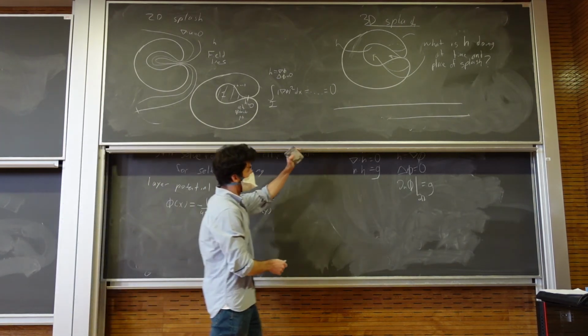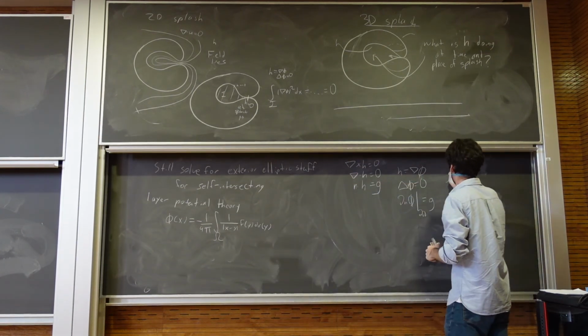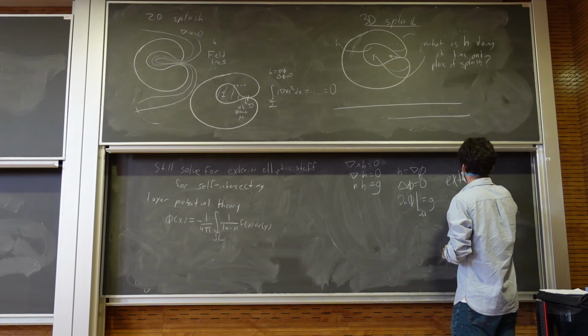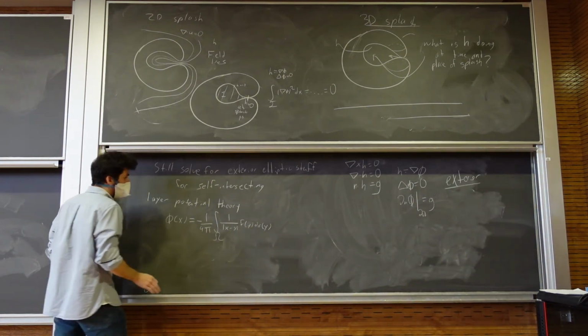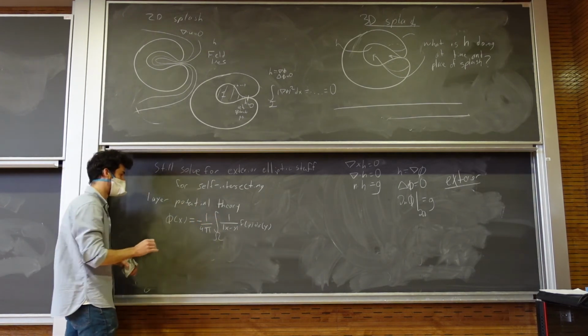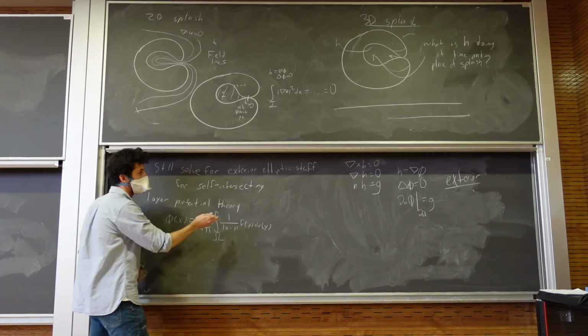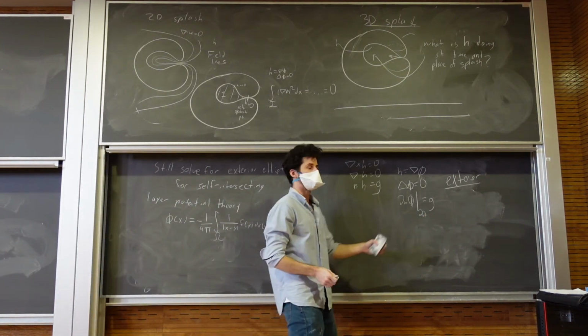Oh, I guess this is an important point, right? That this is happening in the exterior. Let's just be clear about that. So anyways, if phi takes this form for some f, the problem is then to find the f which results in this, right?